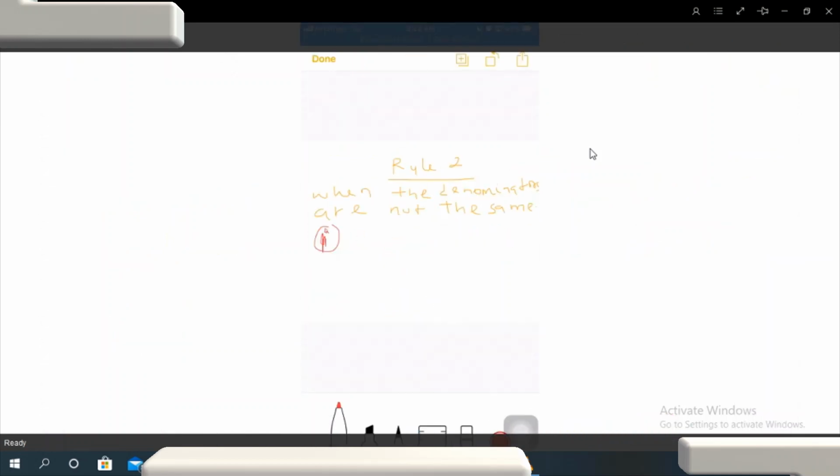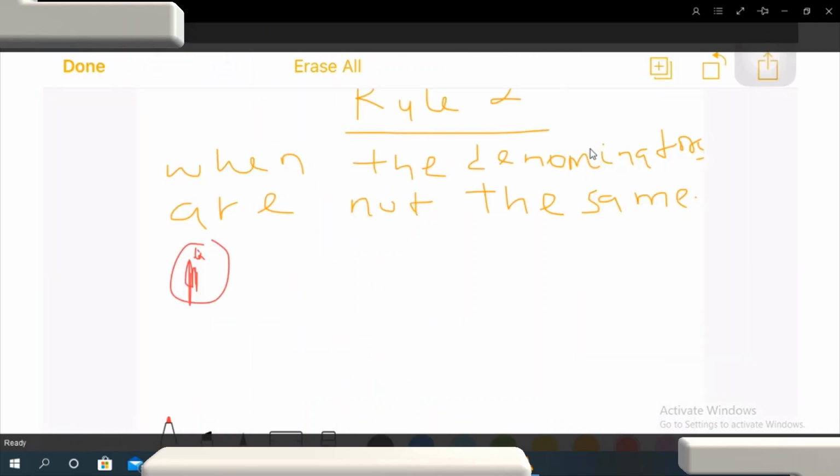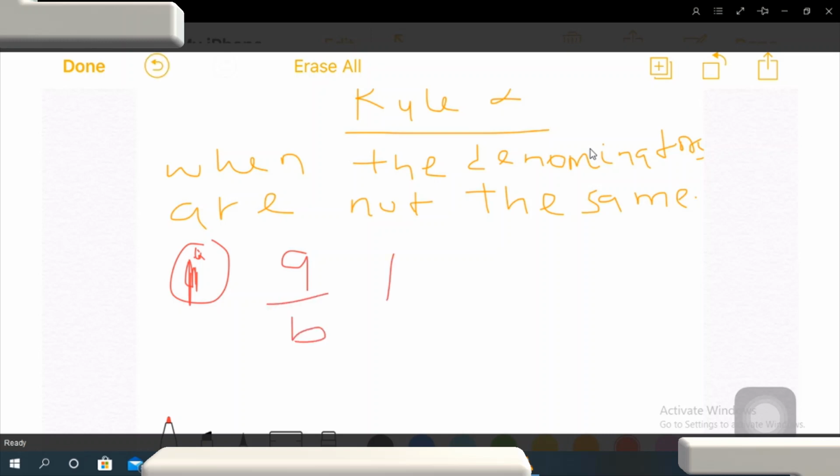Okay. So for rule I under the rule 2, when the denominators are not the same, if we have a question of A over B plus C over D, now we have different denominators.